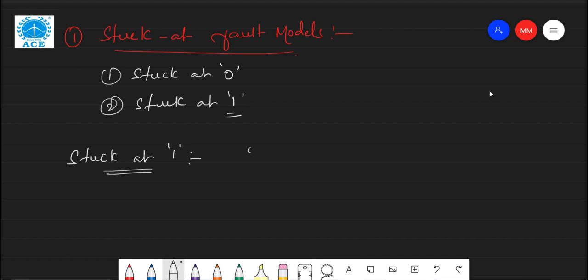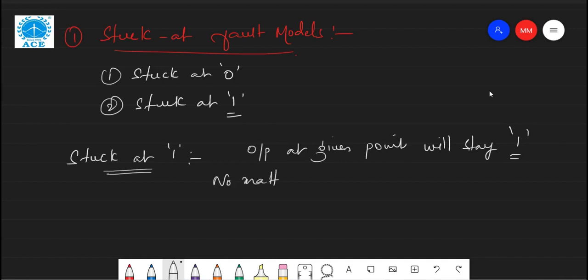Let us define: output at a given point will stay always 1, no matter what the circuit connection is.